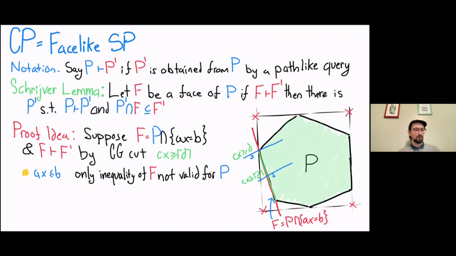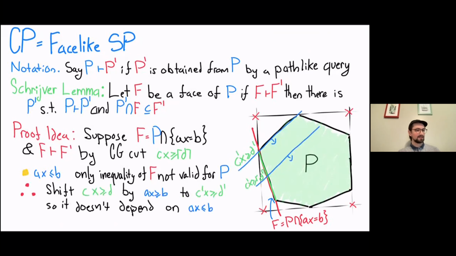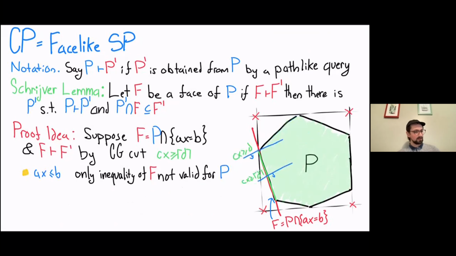Okay, so what we want to do is take CX greater than or equal to D and shift it so that it doesn't depend on the inequality that is not valid for P. It doesn't depend on AX less than or equal to B. If you can do that, and the cut you have is still just as strong, then this will be the thing you want.